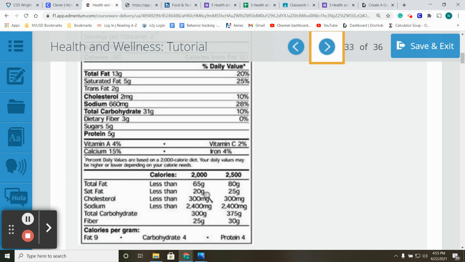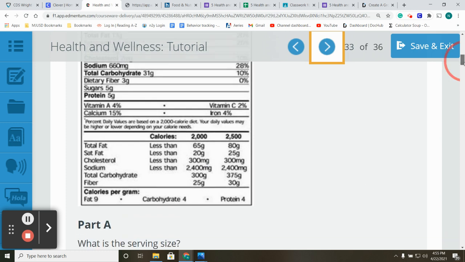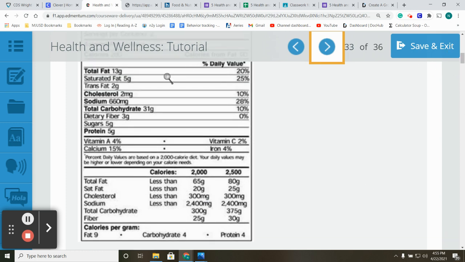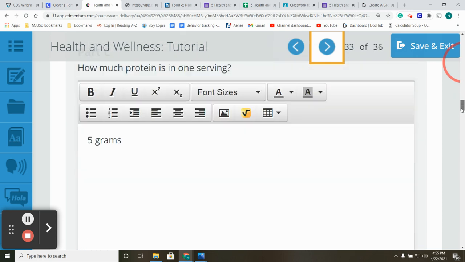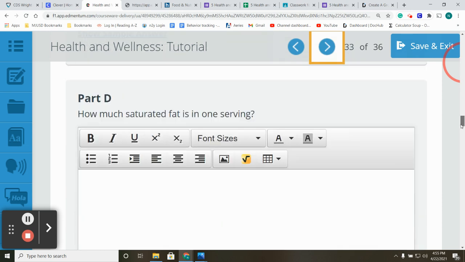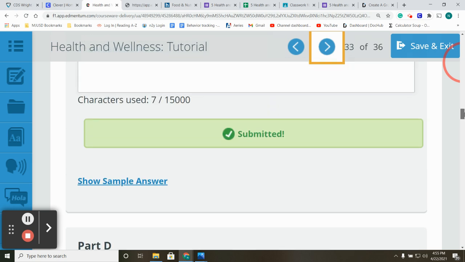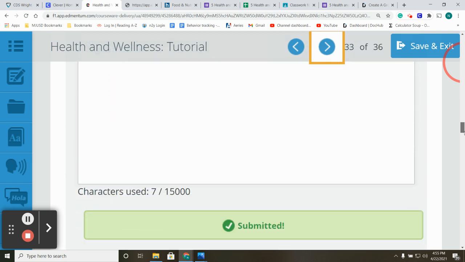Says less than 20 grams. Oh, sorry, I read that wrong. Saturated fat, 5 grams. Yep, 5 grams. There we go. And how much saturated fat is in 1 serving? 5 grams.